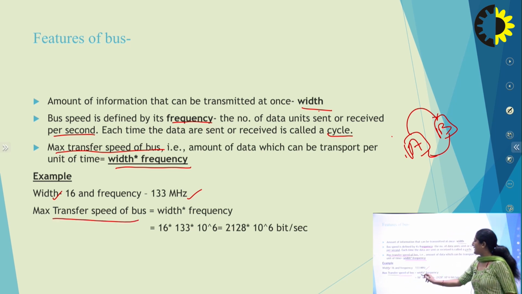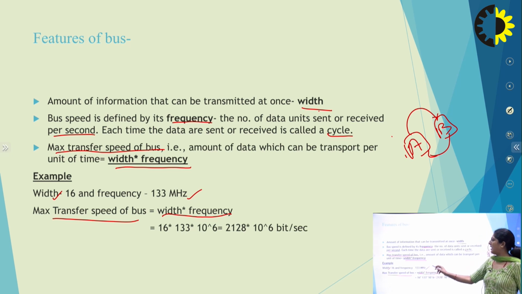For example, we take 16 as the width and the frequency is 133 megahertz. By multiplying both, we get the maximum transfer speed of the bus.